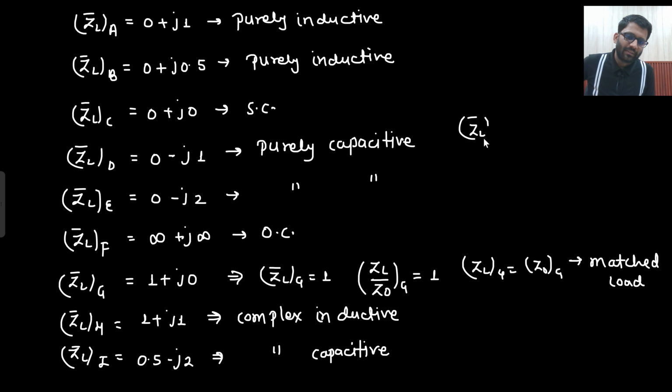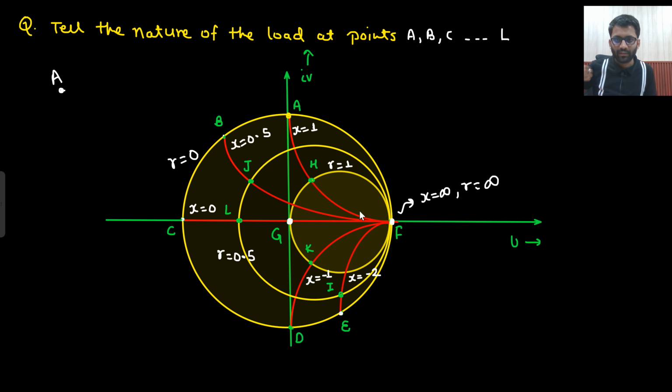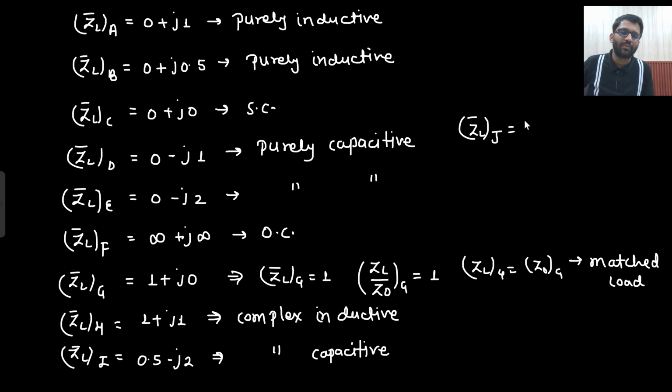At G, R equals 0.5 and X is also equal to 0.5. So complex inductive, right?